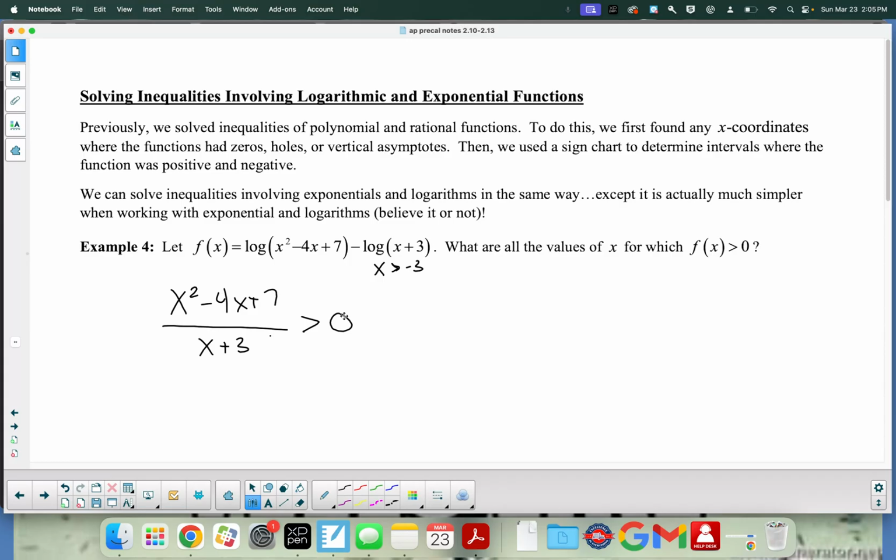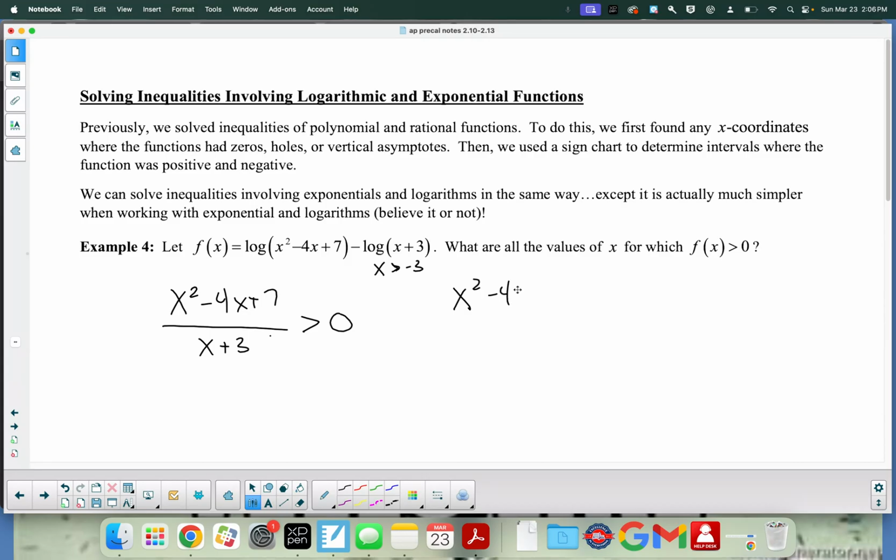So basically that means that I need to go ahead and solve this. Again, the top is not factorable as is. So there's a little trick that we are going to use. Just bear with me. If it has to be greater than 0, that means it has to be 1 or more, right? So we're going to go ahead and just call this 1. We're going to rewrite this.